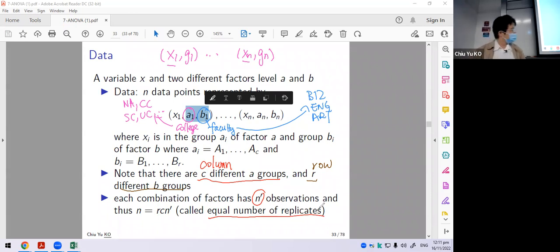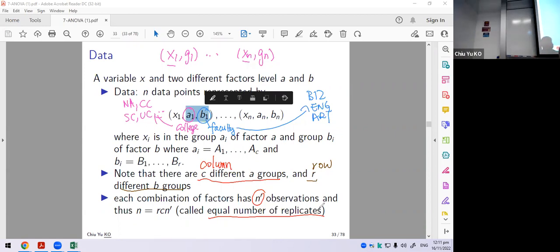Excel only works for this kind of situation. What does that mean? It means that look at NA student from business school, say you have 10 students from the data. You also have 10 students for NA engineering, 10 students for NA art student, 10 students from CC College business school, 10 students from CC College engineering, 10 students for CC College art student. So each combination of factor are the same.